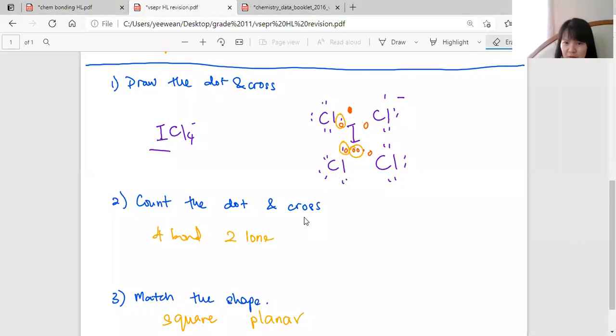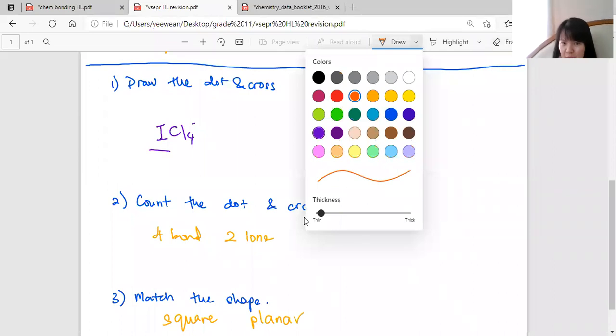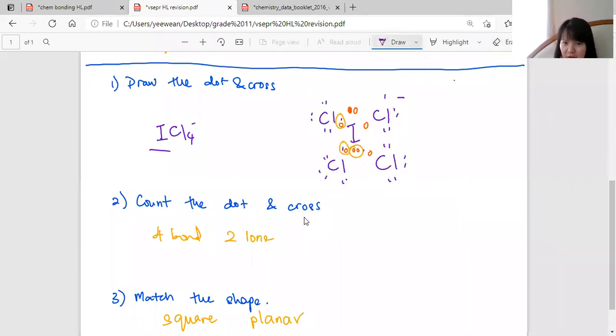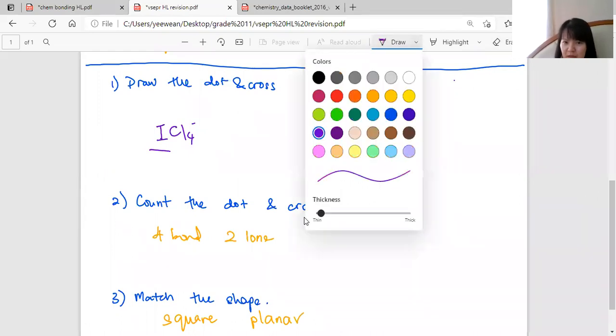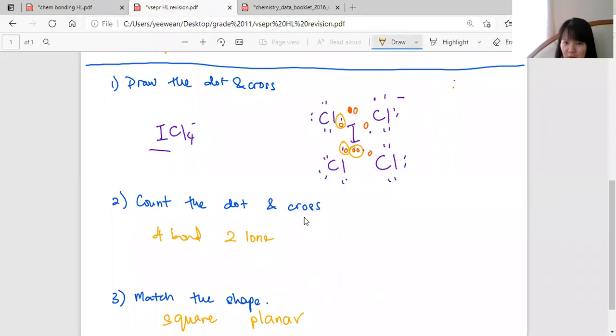Let me shift this closer. Okay, and I'll put in the electrons for the chlorine. 1, 2, 3, 4, 5, 6, 7. So I'm still going to end up with 4 bonded pairs and 2 lone pairs.